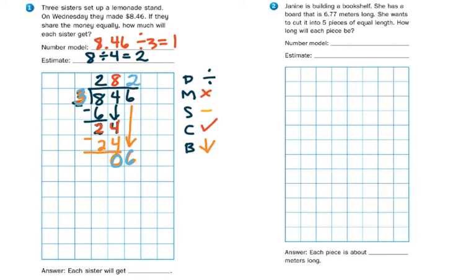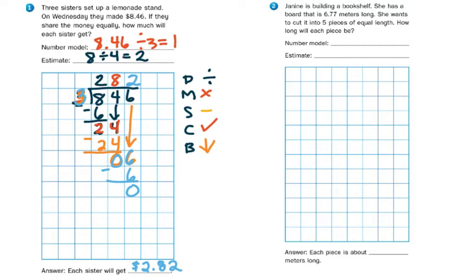There are 2. 3 times 2 is 6. And there's no other number to bring down. So where would I put the decimal point to make my answer closest to $2? They'll each get $2.82. Be great if they got $282, but that's not going to happen most likely.